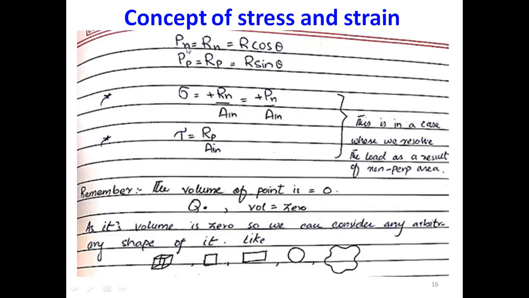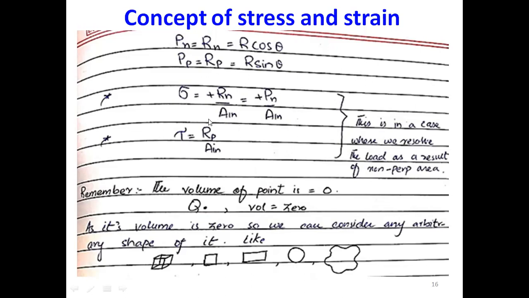So Pn is equal to Rn, and it is the cos component. So R or P cos theta, and Pp is equal to Rp is equal to R or P sin theta. So the normal stress sigma would be equal to plus, plus means it is a tensile load, plus Rn by An.